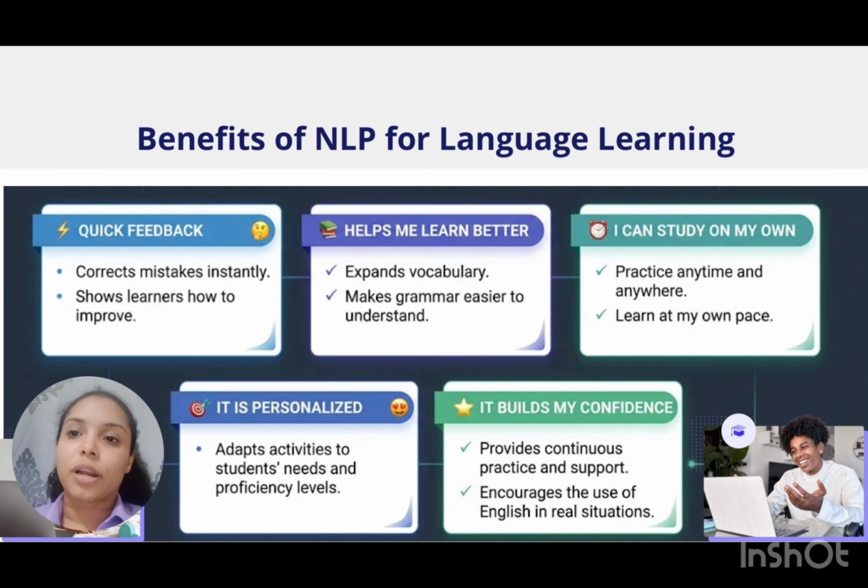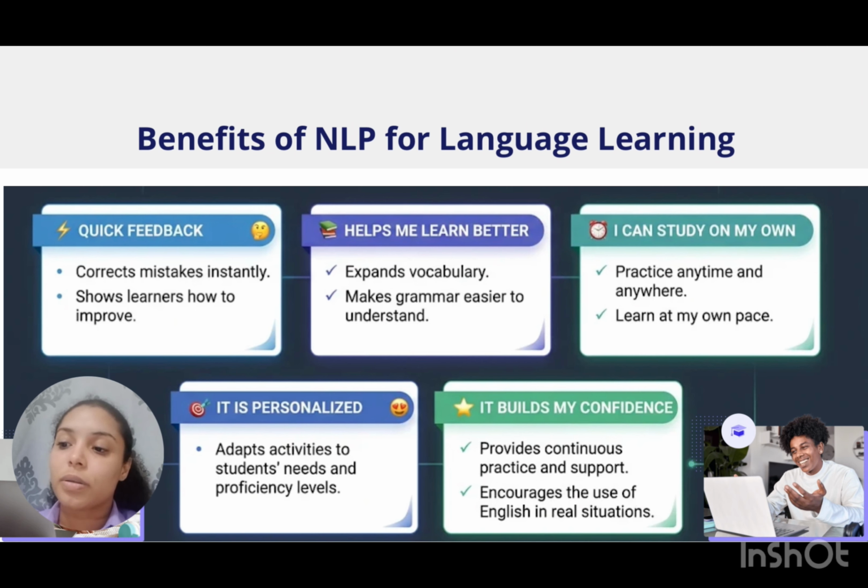Benefits of natural language processing in learning. The first is building confidence. It provides continuous practice and supports and encourages the use of English in real situations.